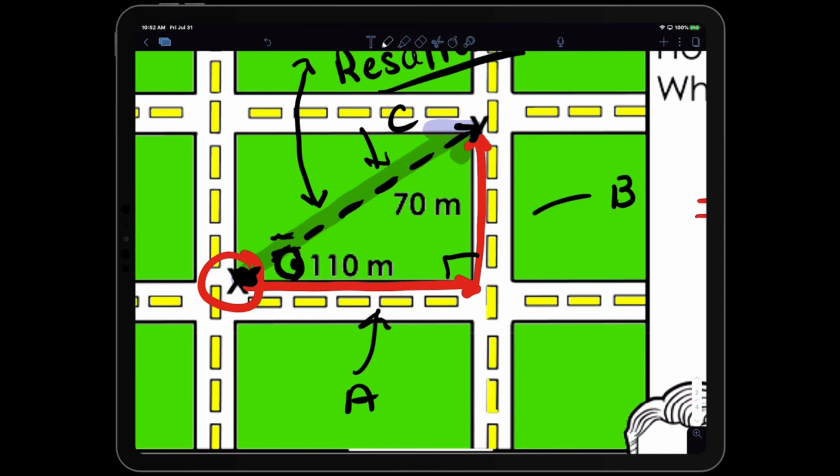So if this is his eye right here and he's looking out, the side that is right opposite of his eyeball, I'm going to label opposite, and the side that is adjacent to him, right next to him, I'm going to label adjacent. And then the longest part, we're going to label hypotenuse.